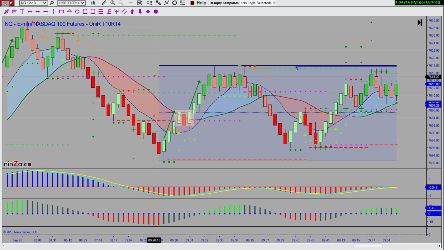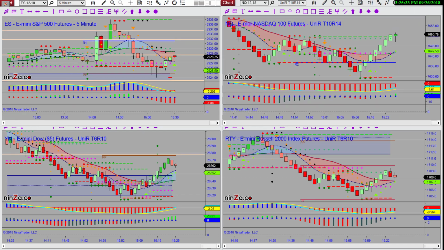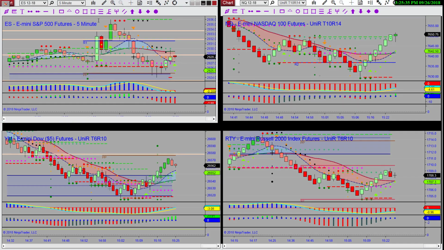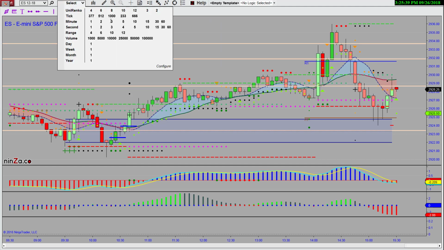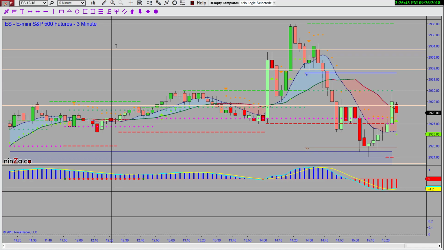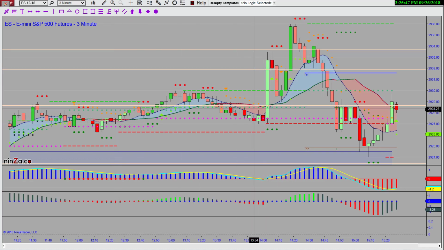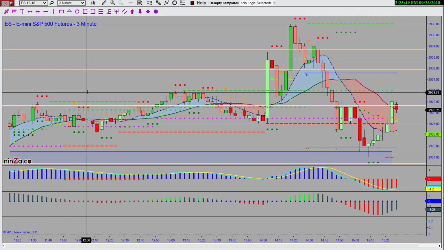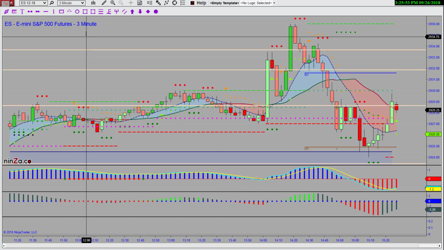The other question here was, why didn't I use Renko for ES? Well, why don't we show that? There's a 3-minute chart for the ES, and the beginning of the day is way over to the left, but I could use a tick chart.